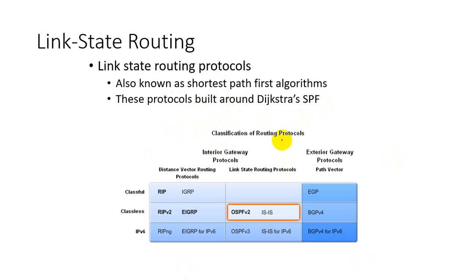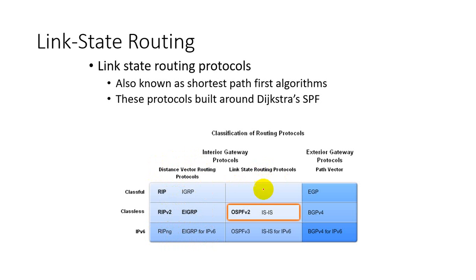If we look at the classification of routing protocols, we can see interior gateway routing protocols and exterior gateway routing protocols. Interior gateway protocols include distance vector routing protocols and link state routing protocols. In distance vector, we can see RIP, IGRP, RIP version 2, EIGRP, and for IPv6, RIPng and EIGRP for IPv6.